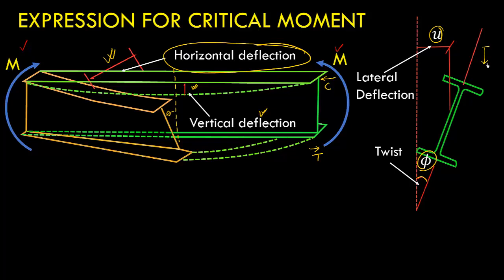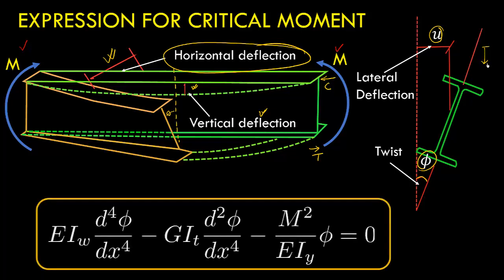Now if we consider the equilibrium of this cross section, we can basically write a differential equation. And this is the differential equation for this phenomena. In this case, this is a fourth order differential equation, and we have terms EIW, GIT and EIY. These terms basically denote the different types of resistance or different types of rigidity provided by the beam.